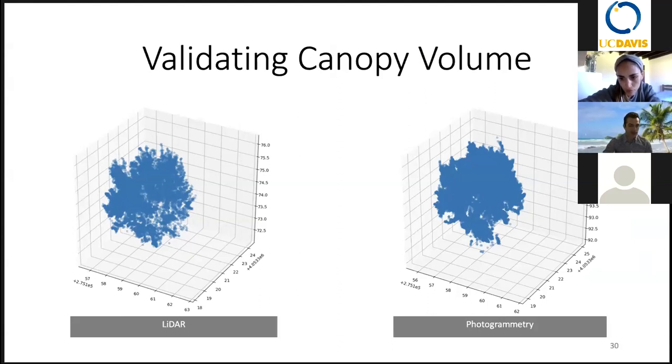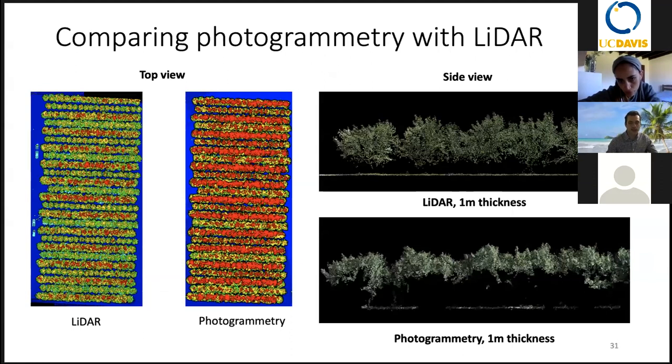Here on the left, you can see a point cloud of a tree generated by LiDAR, and on the right, you can see the same point cloud generated by photogrammetry. This is also another comparison. This is a side view of an orchard, 1 meter thickness, by LiDAR and by photogrammetry. LiDAR can penetrate into the canopy and see the points hidden within the canopy.